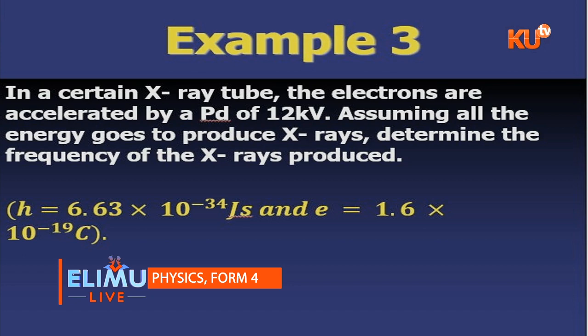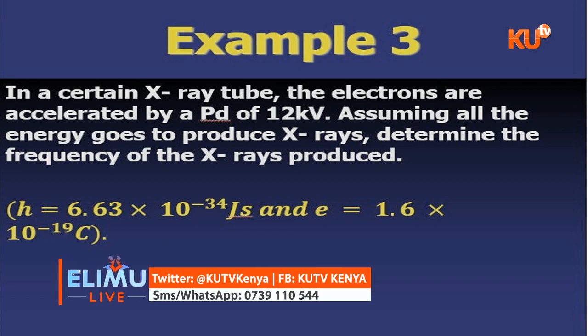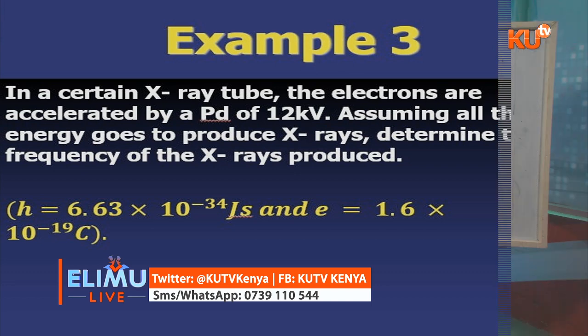In the brackets there we have H, Planck's constant, 6.63 times 10 power negative 34. And lastly, we are given E, electron charge, as 1.6 times 10 power negative 19. Then what does the question want? We want the frequency of the X-rays produced.